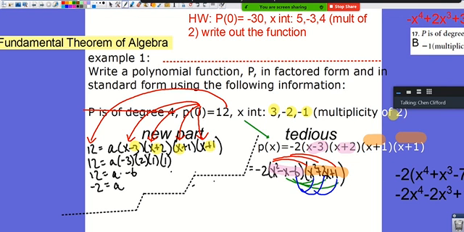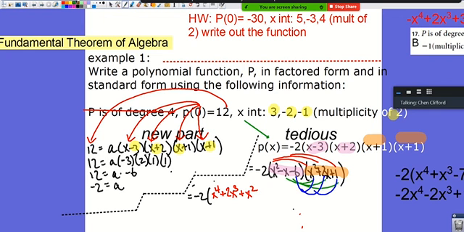So right now I'm going to write it. Let's see if I can do it fast, because this part's just tedious. And I get -2 parentheses. Let's go red, which is x to the power of 4, plus 2x cubed, plus x squared.